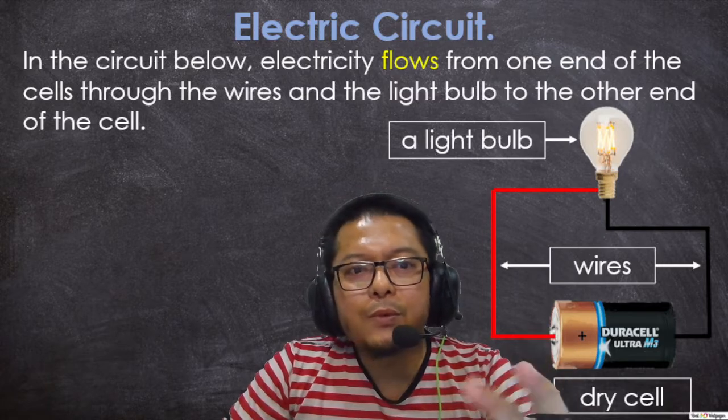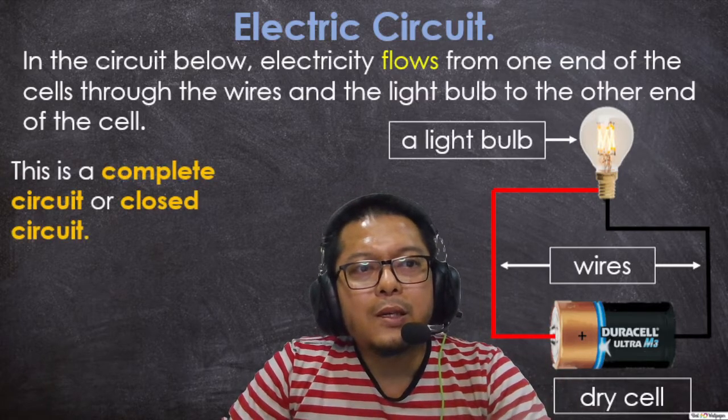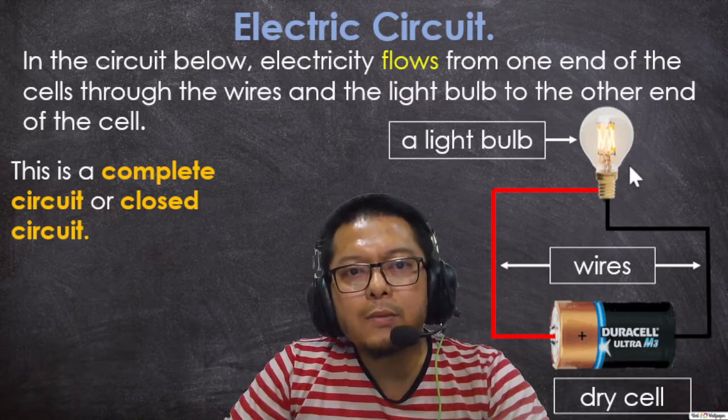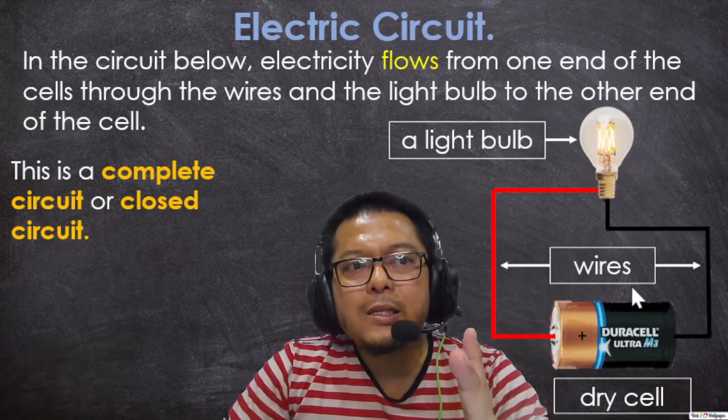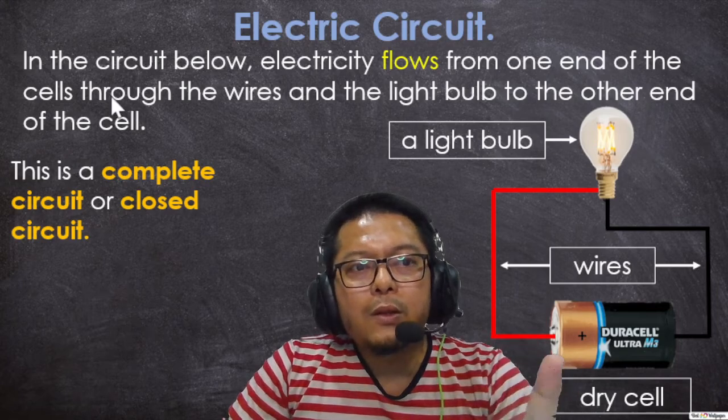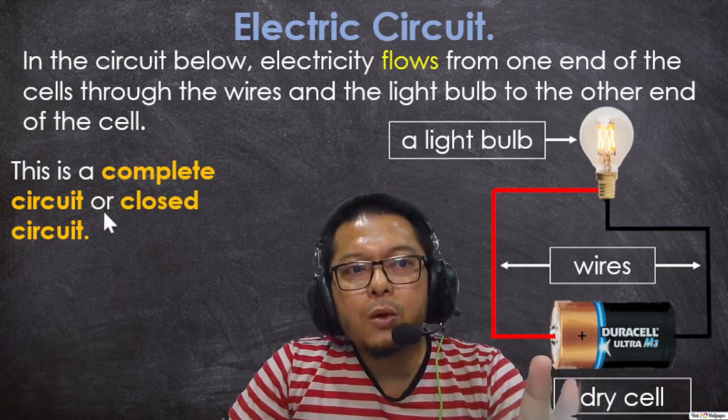There's an example of how it moves. This is called a complete circuit, or closed circuit. There are two types of circuit that we have learned, that is open and closed. Now you need to learn that closed is also called complete circuit.